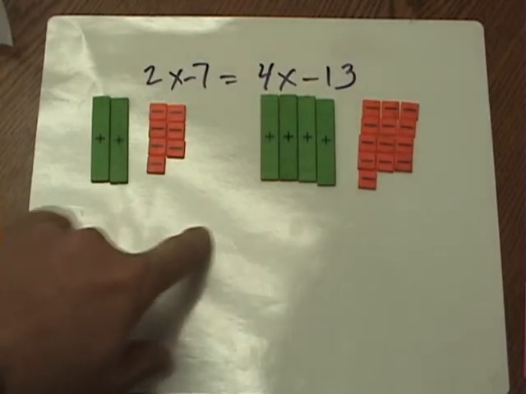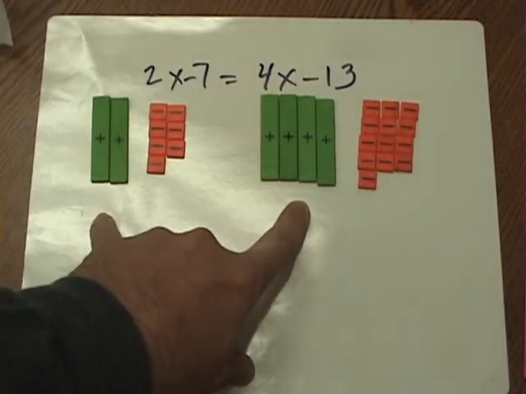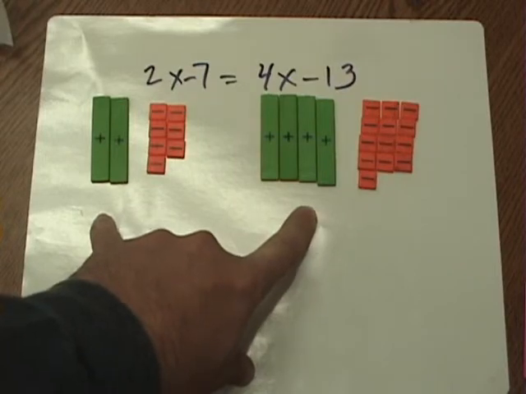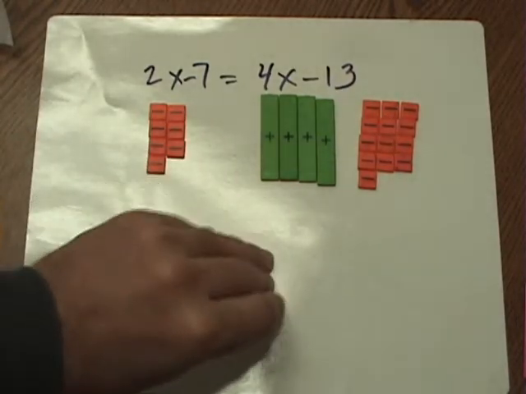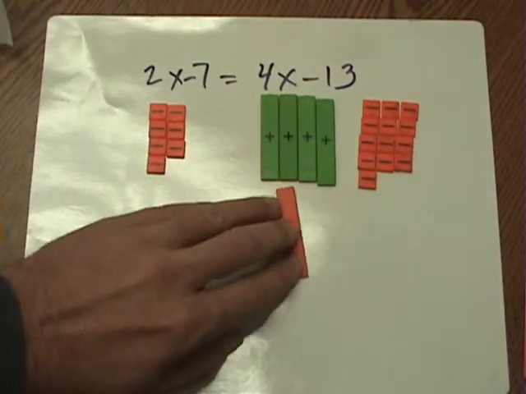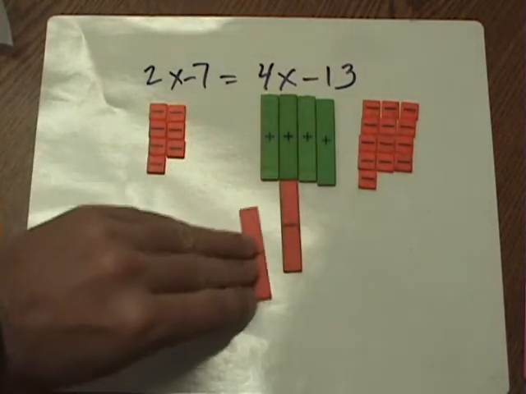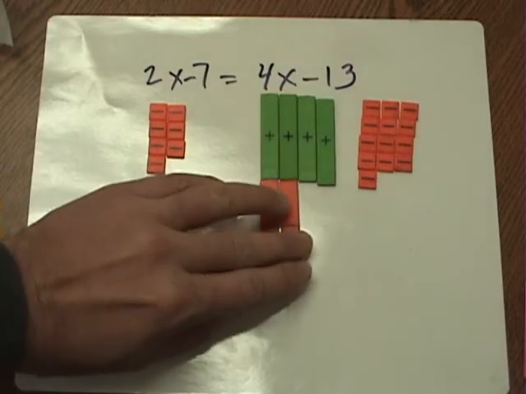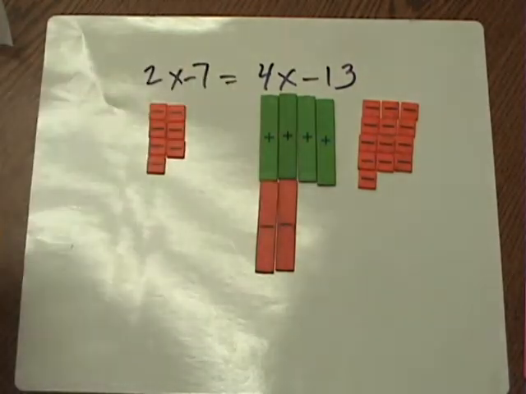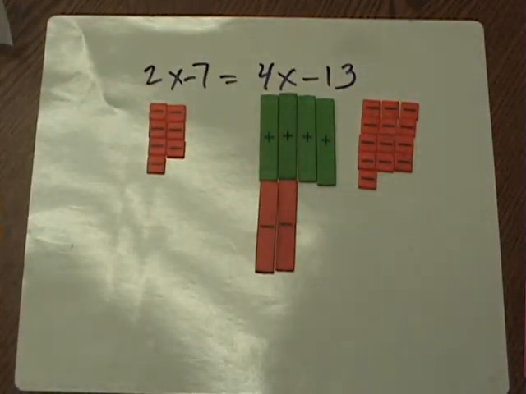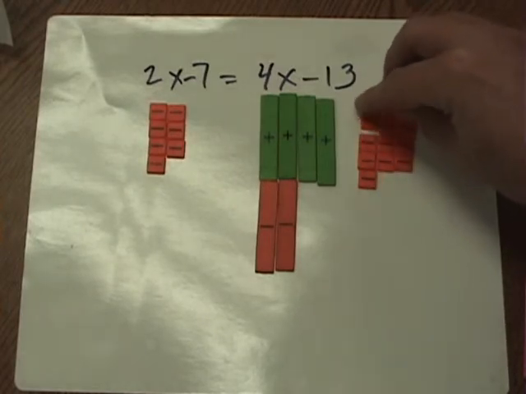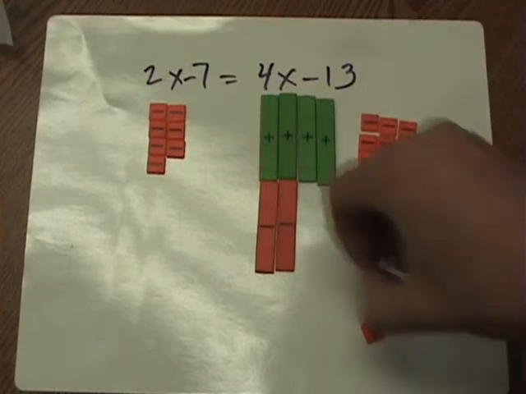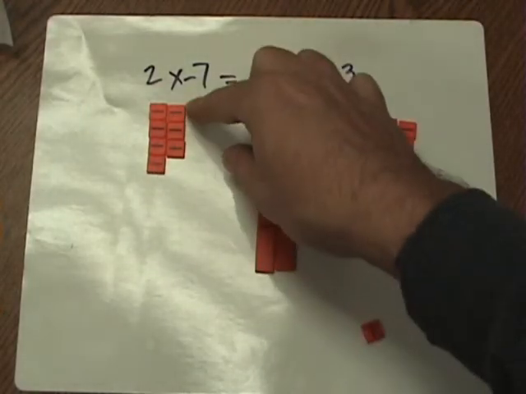So even if I move these over or subtract these 2x's, I'm still going to have a couple, but that's okay, they'll be positive. So I move these over to the other side, and they become negative. Okay, and because I moved my x's to the right in this case, what I'm going to do is move my 1's over to the left, but now all of these are going to become positive.